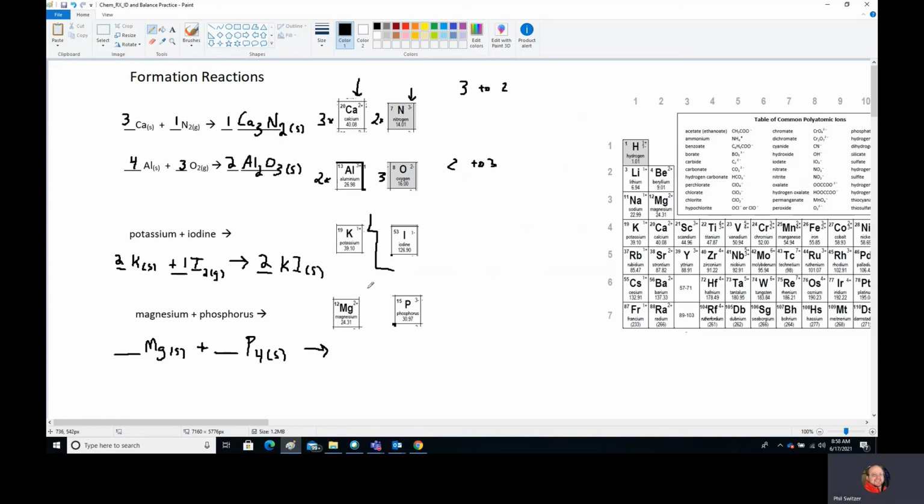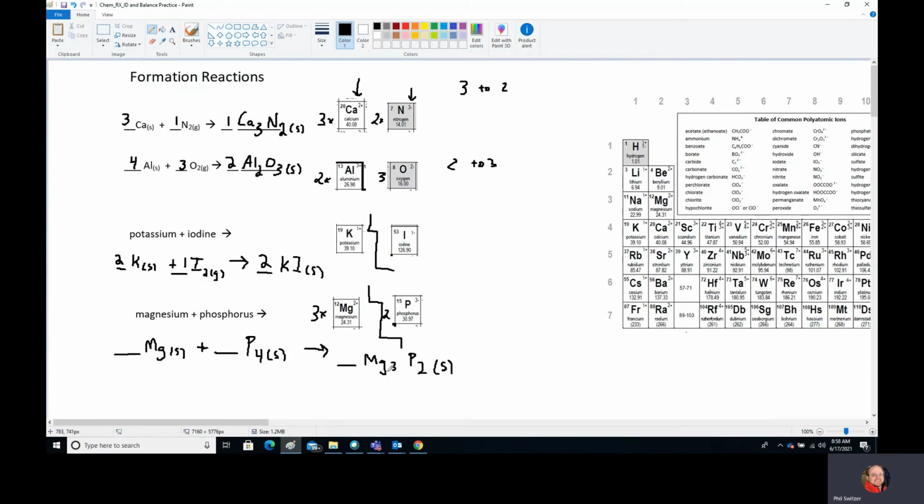These two are ionic. Magnesium is a metal, phosphorus is a non-metal, so definitely they're going to combine. We need a common multiple between 2 and 3. That's going to be 6. So we're going to need 3 magnesiums, and we're going to need 2 phosphorus. So it's going to be Mg3P2. It will form a solid.